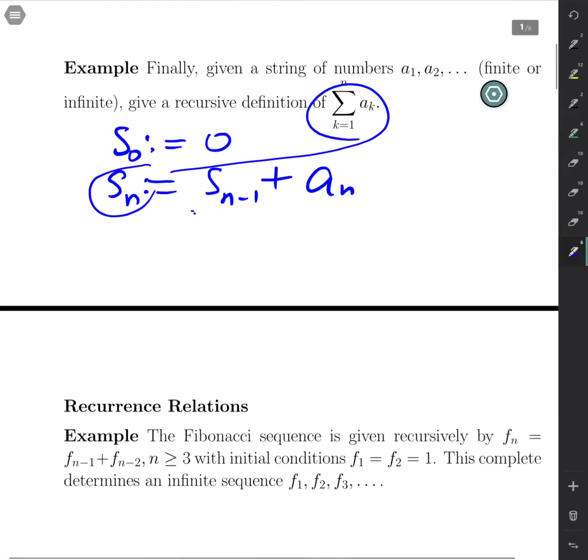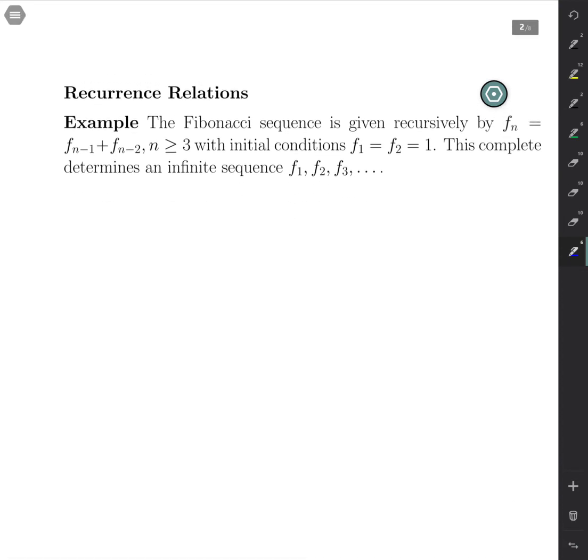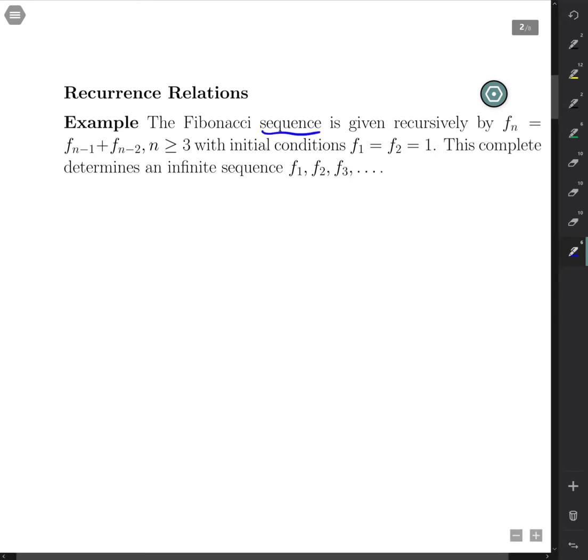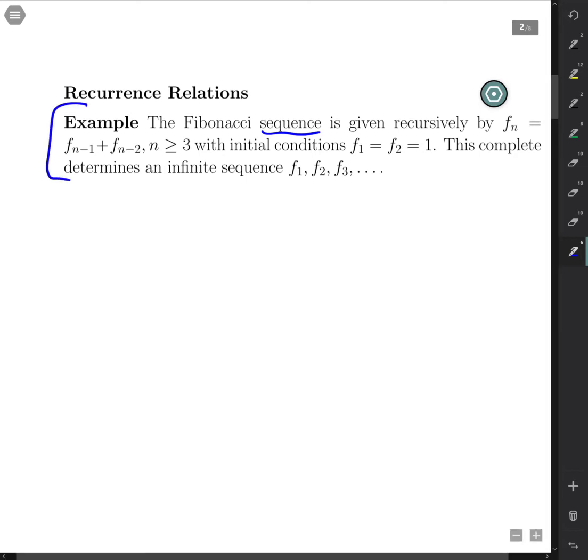Now this leads us into the idea of a recurrence relation, which is similar in the sense that we're going to create a sequence by means of an expression or recurrence relation that tells us how to get one term from the previous terms. So this is the Fibonacci sequence, but first of all, just let me mention the notion of a sequence.